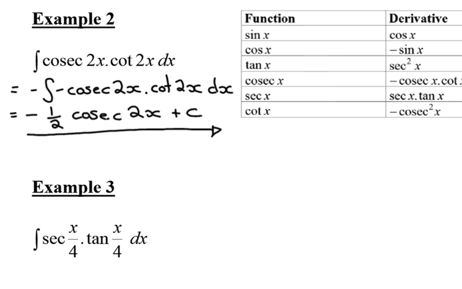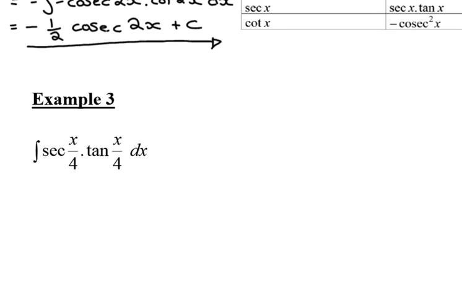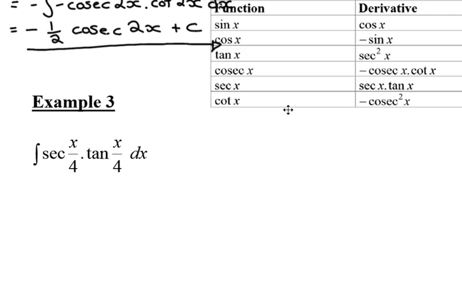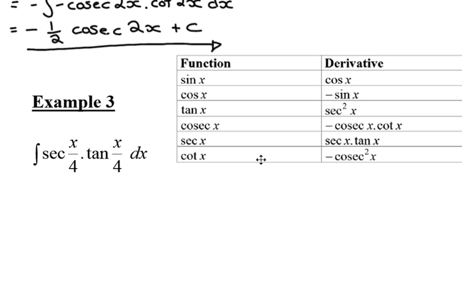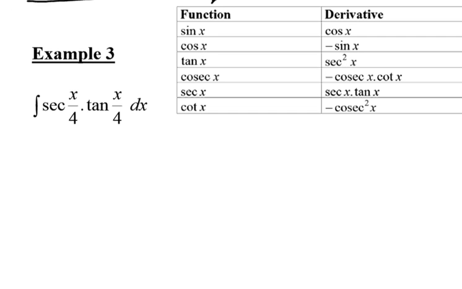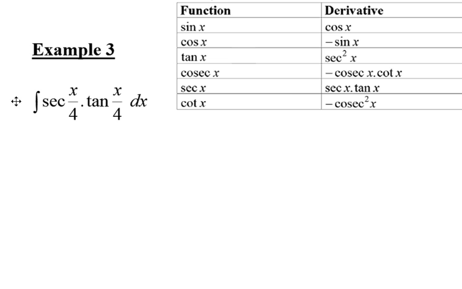All right, let's try another one. Just drag my table down so I can use it. Cool. Let's look at this example here. I've got sec of an angle times tan of an angle, so I go look for that. Do I have that here in this column? Yes, I do. Sec of an angle times tan of an angle. Have a look at that angle. It is itself its own function. It's linear. Let me rewrite it for you so that you can see that it's a linear function.